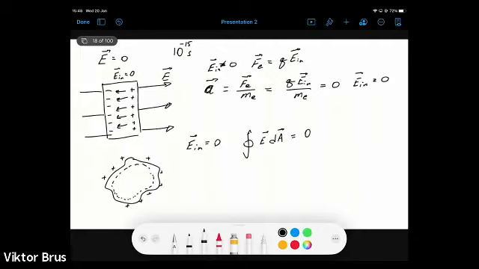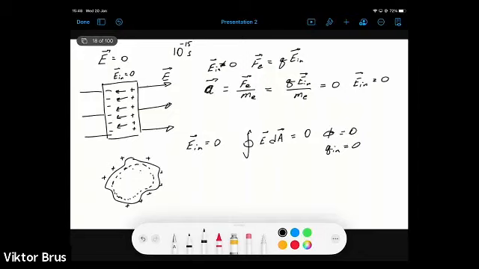It means that the electric field flux equals 0, and that means that inside this Gaussian closed surface, which we have shown on this image, there is no charge. So Q internal is equal to 0.